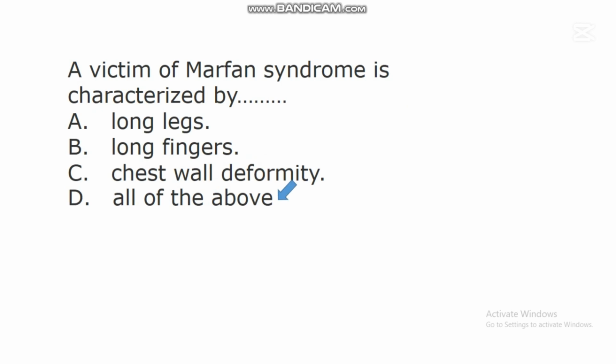So when someone has this problem known as Marfan syndrome, that person will have very long legs. The individual will have long fingers, and studies have shown that there will also be chest wall deformity in that individual. This Marfan syndrome is inheritable. It can be transmitted from parents to their offspring. So all these options are things that are observed in an individual suffering from this Marfan syndrome.